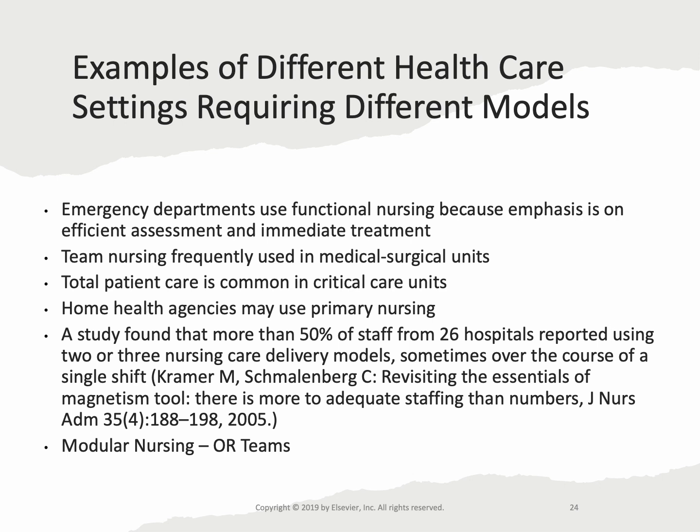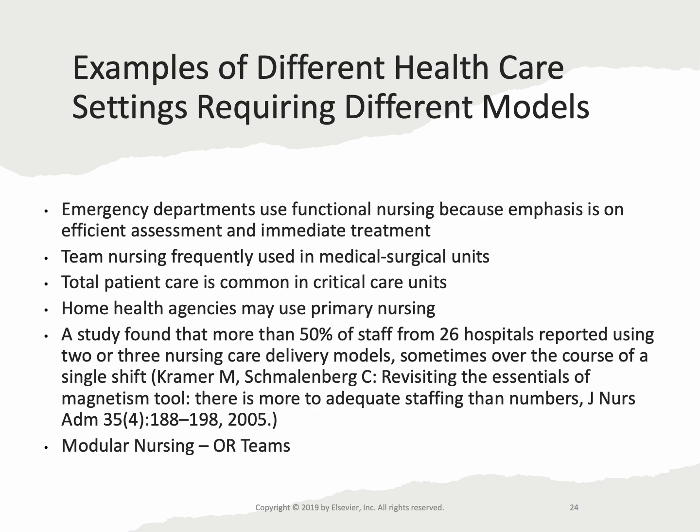Here is a summary of the nursing care models used in different healthcare settings. In the emergency department, they utilize functional nursing due to the focus on efficient assessment and immediate treatment. It has to be fast, it has to be efficient. Medical surgical units frequently adopt team nursing to ensure a collaborative approach to patient care.